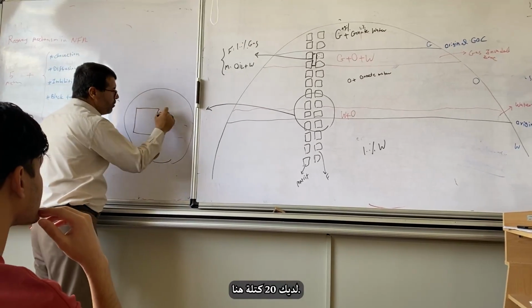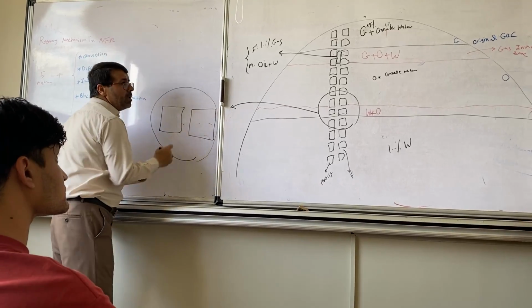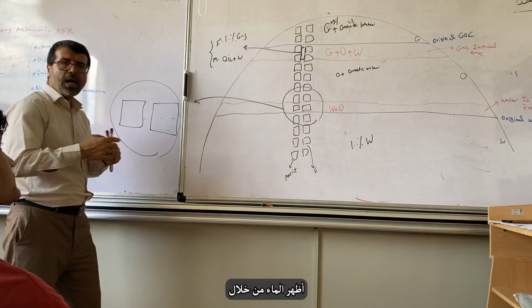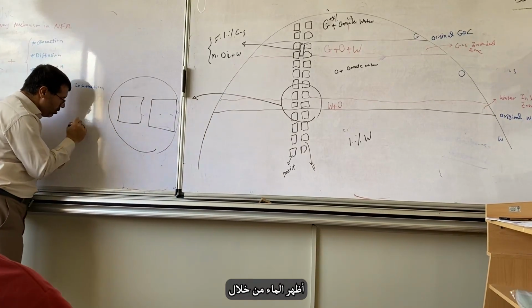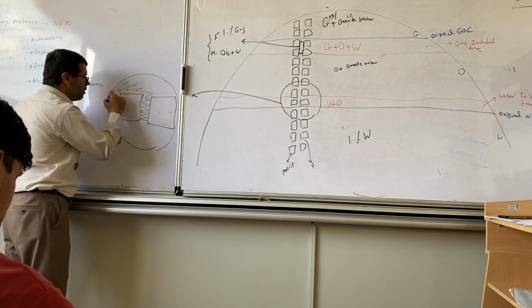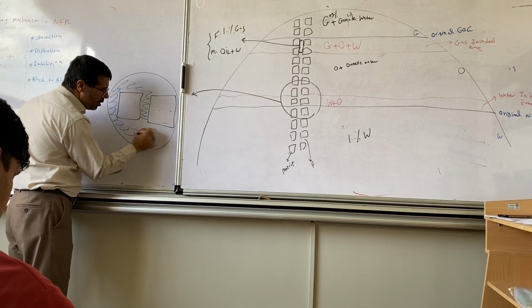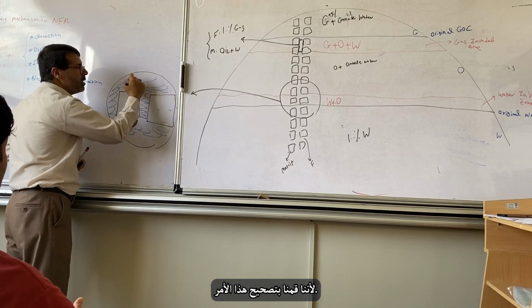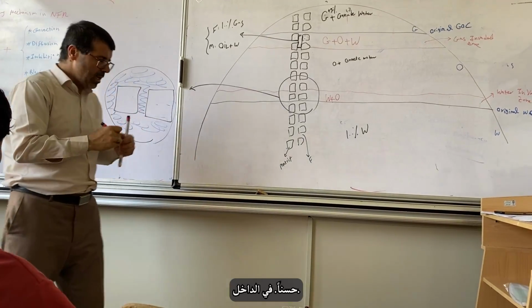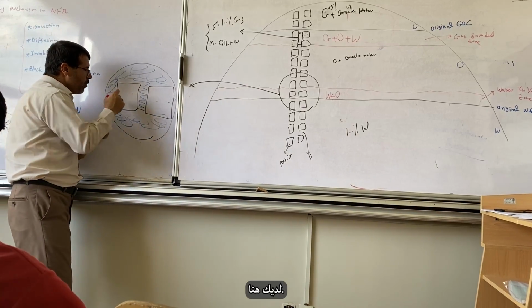You have two big blocks here. Inside the water invaded zone, I show the water in blue. So the water fills all of this area, because it's the invaded zone. It fills the gaps, the pipes. But inside, you have oil.